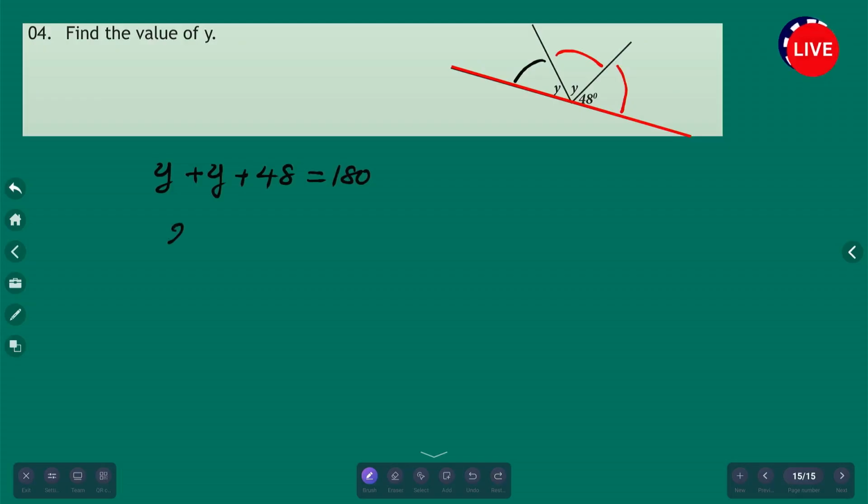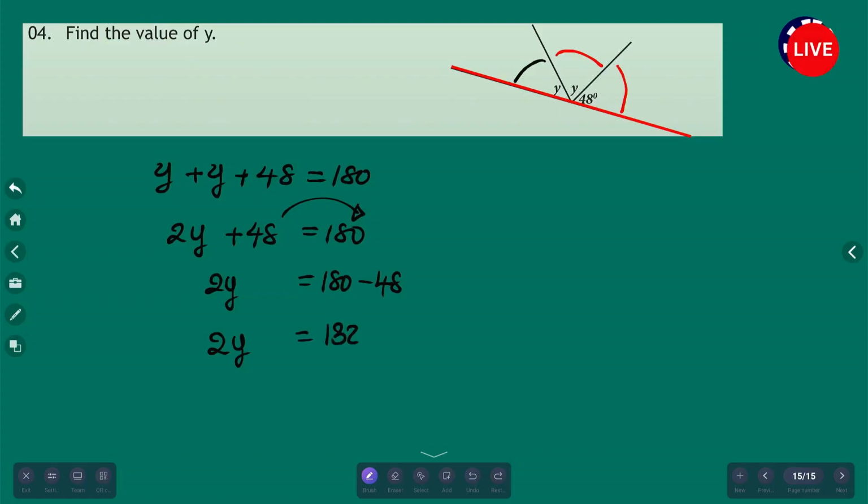So y plus y is 2 times y, plus 48 equals 180 degrees. Let's bring this 48 to the right hand side. So 2y equals 180 minus 48. 2y is now equal to 132 degrees.